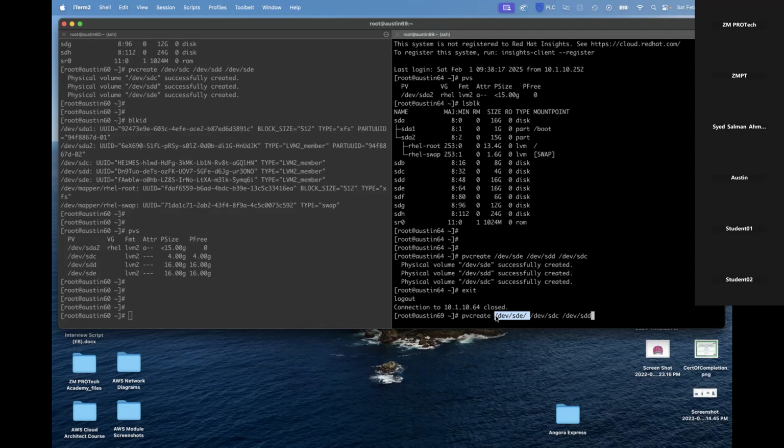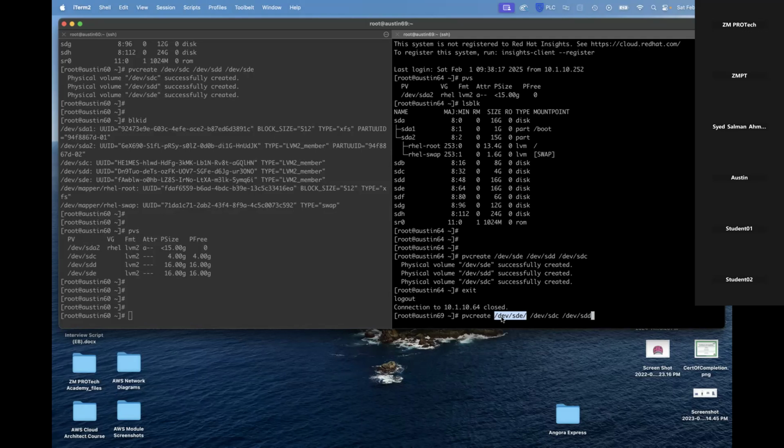I did /dev/sde/, so the system couldn't find sde/. Then I did /dev/sdc and /dev/sdd, and it did those two first, but it told me an error: sde/ isn't a physical volume.